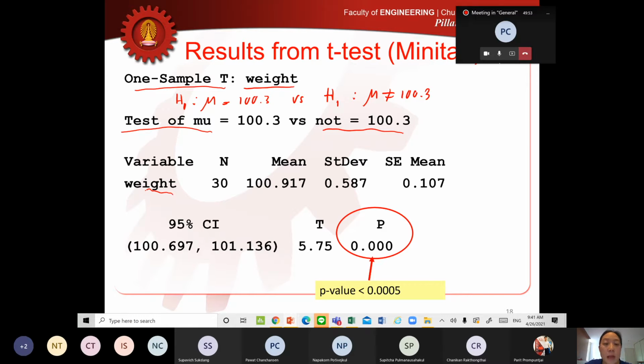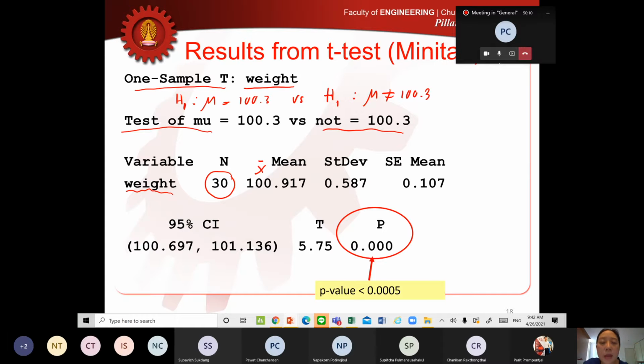The variable in this case is the weight, and the number of data points is 30. Then it will calculate the x bar, an average of these 30 data points, which is 100.917.